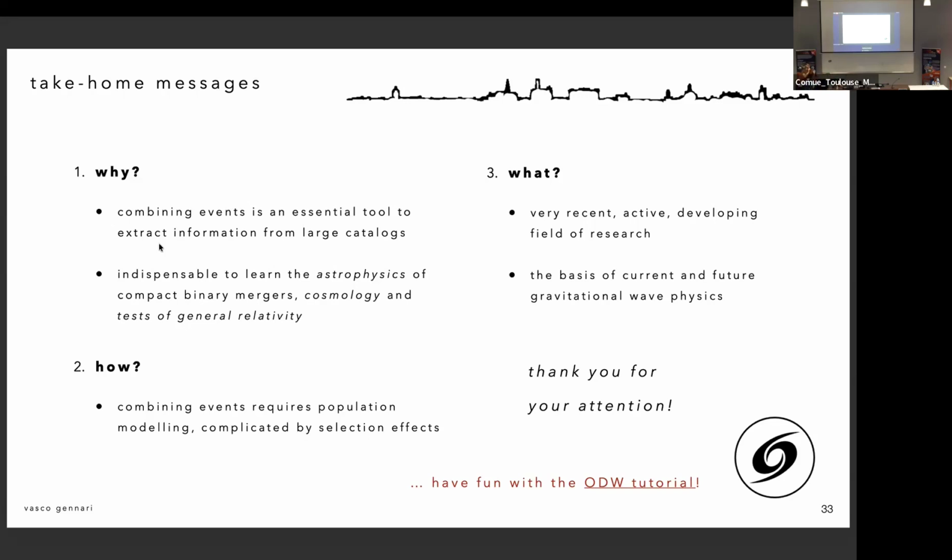Yes, well, first of all, let me say that I haven't talked much about neutron stars, but this is, of course, another population that people are very much interested in. Regarding your question, it really depends on the actual underlying population, because the way in which you gain information for cosmology is by having sharper features in the population. If your population was flat, you can have as many events as you want, and you will never get a highly constrained measurement of the Hubble constant.